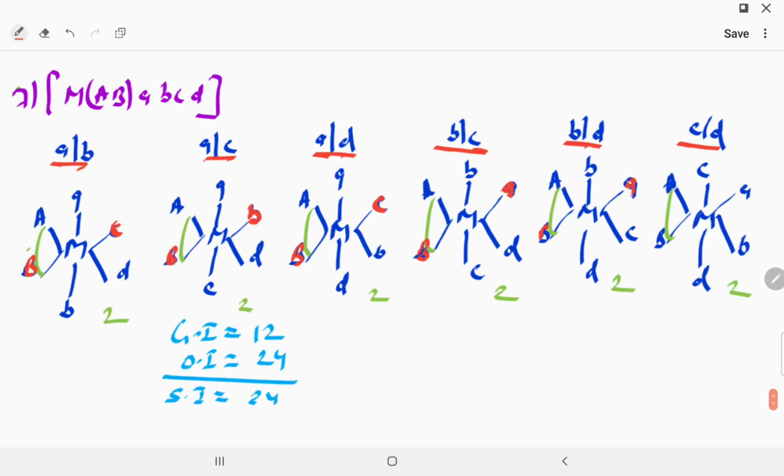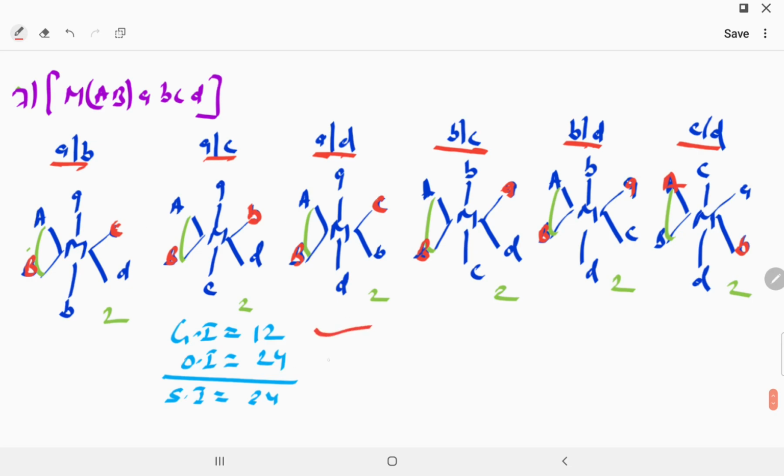So we can interchange this and they will never show POS. So total are 12 geometrical.